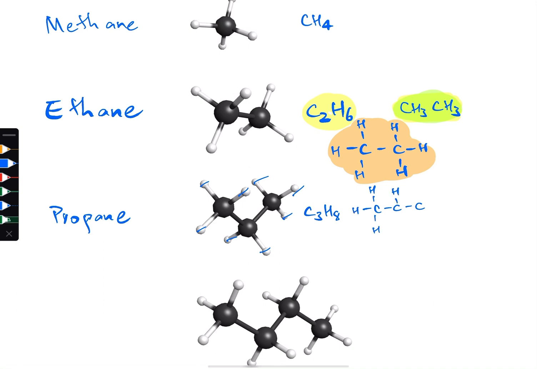It shows how the atoms in the molecule are connected. And finally, we have the condensed structural representation, which will be CH3. That's that bit. Then we have that bit, which is CH2. And finally, we have this bit, CH3.